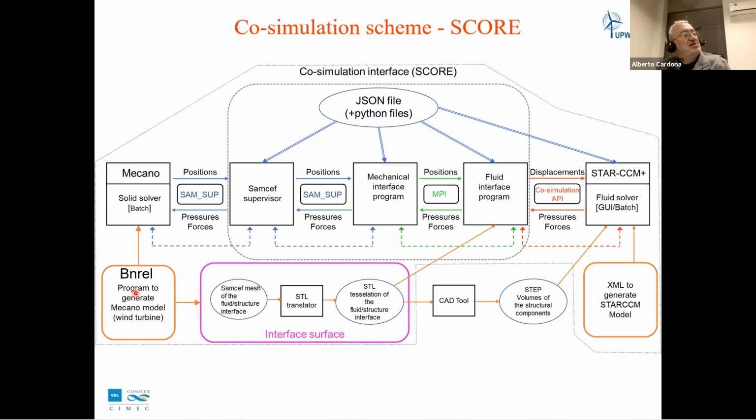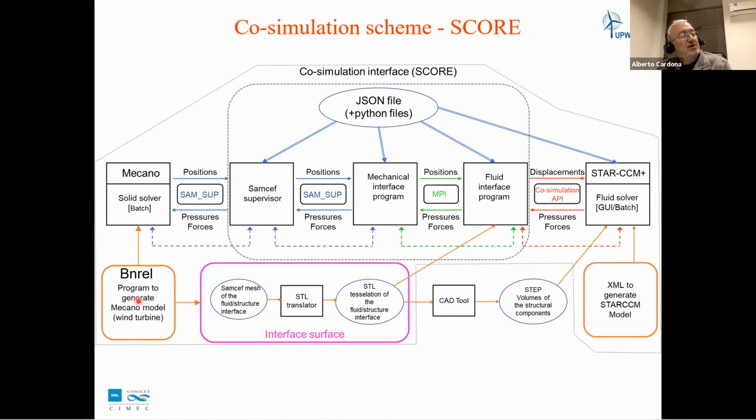In order to generate data, we developed a program which is called BNREL. I will show a look, in which we generate in a simplified way the geometry of a wind turbine. It is specialized to generate data for wind turbines.